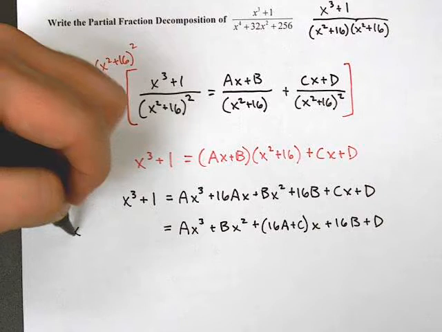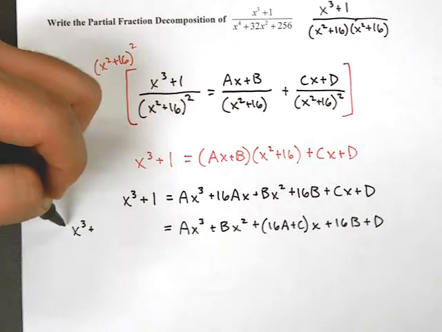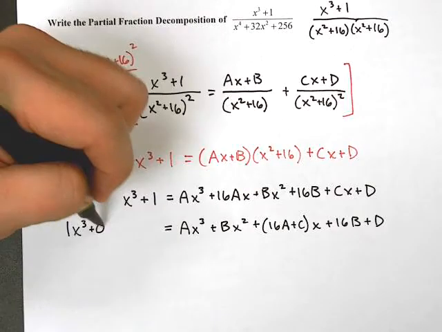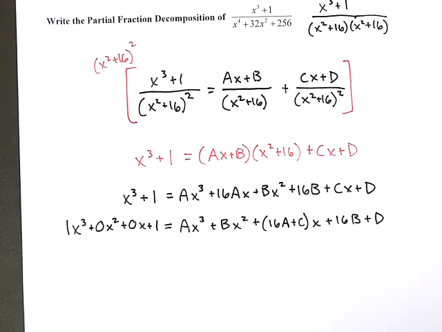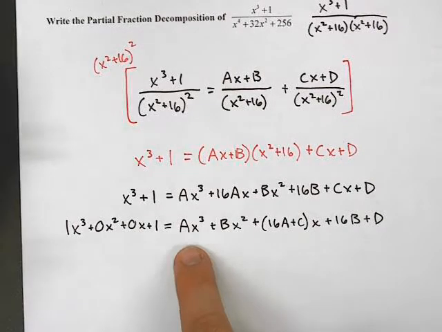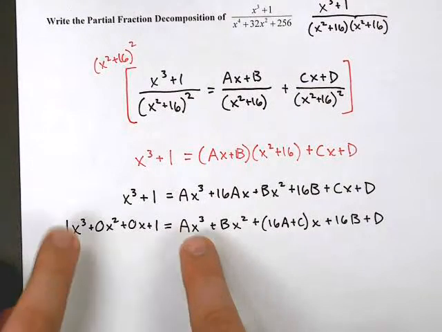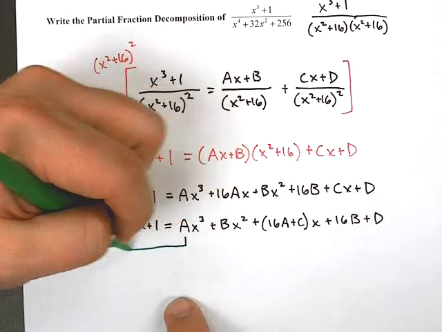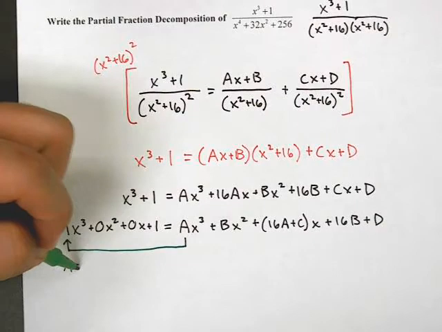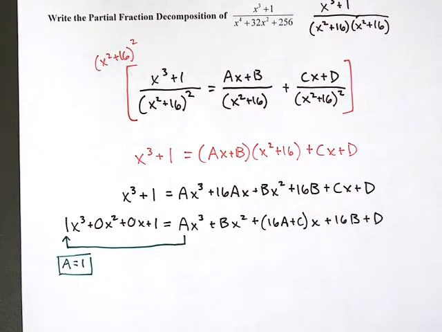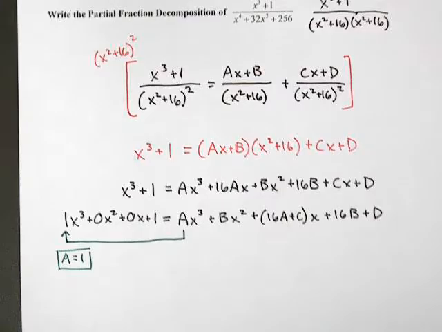So I have 1x cubed plus 0x squared plus 0x plus 1. All right? And why do I do that? Because now I can very nicely see this is my only piece that has to do with x cubed. So again, very similar to the last problem, I know that a has to be 1.